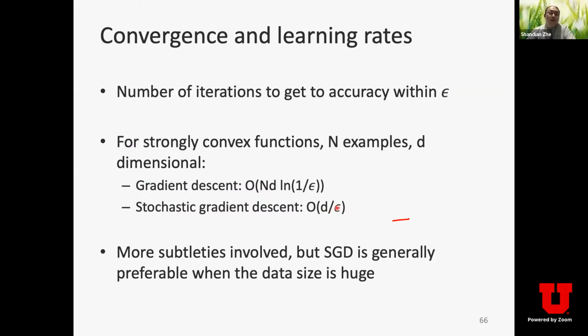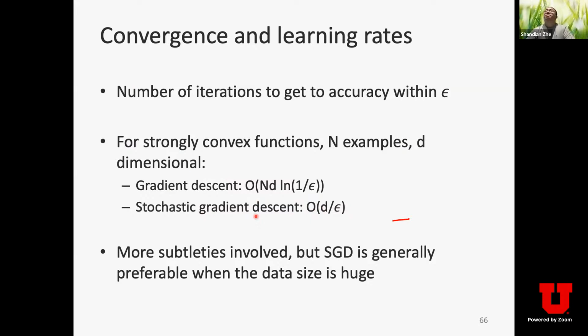Because for stochastic gradient descent, the iteration number has nothing to do with n. That's why in practice, when you have big data, stochastic gradient descent is often more favored.